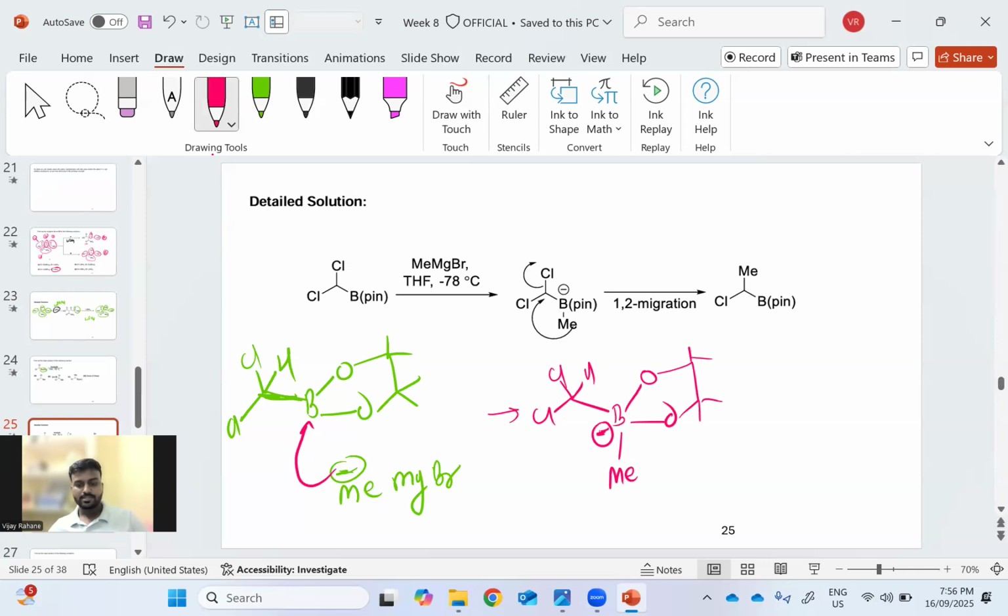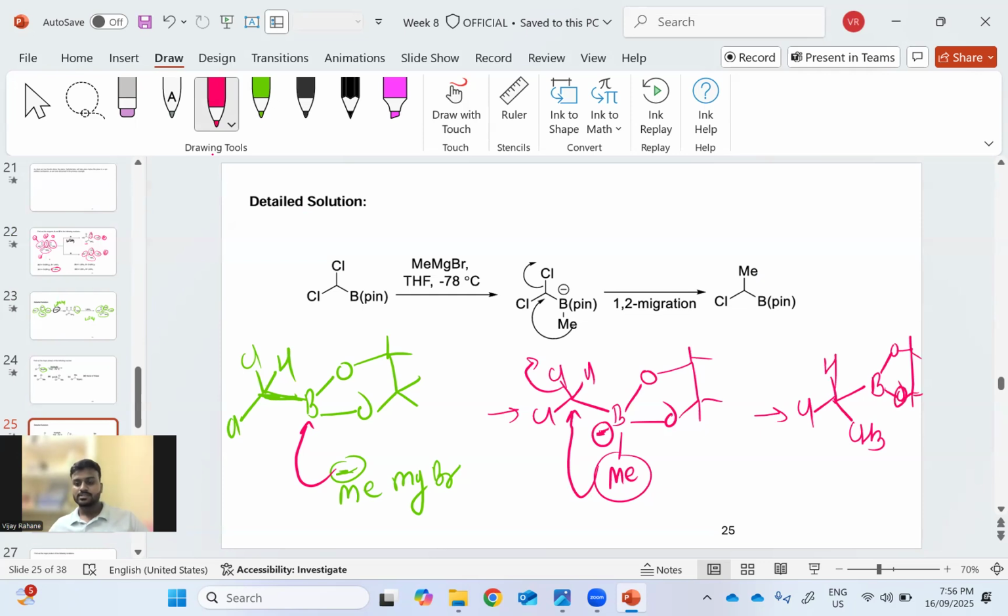Once this intermediate forms, this methyl migrates here and this chloro gets eliminated. So we get the hydrogen as it is, the methyl, and the chloro. There is another methyl from the methyl magnesium bromide, and the pinacolato borane group remains as it is in the final product.